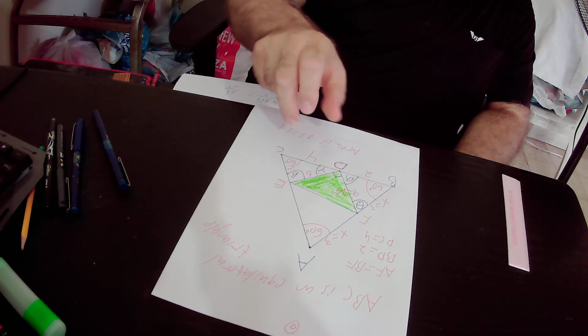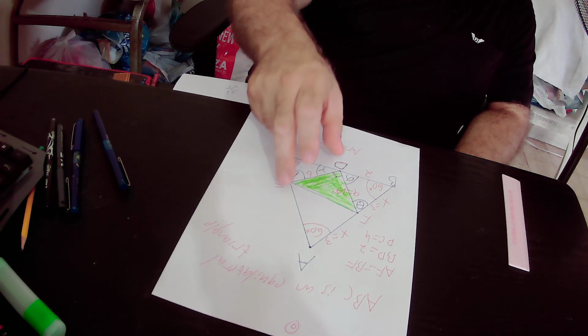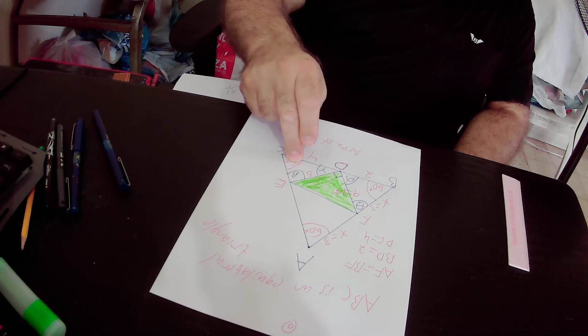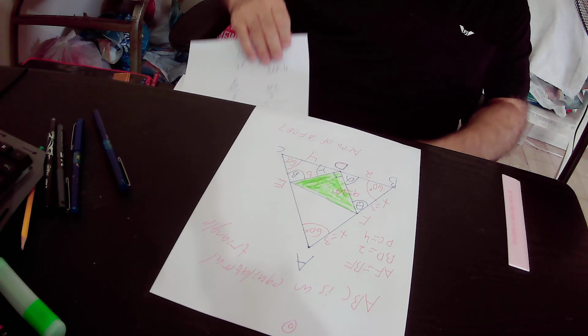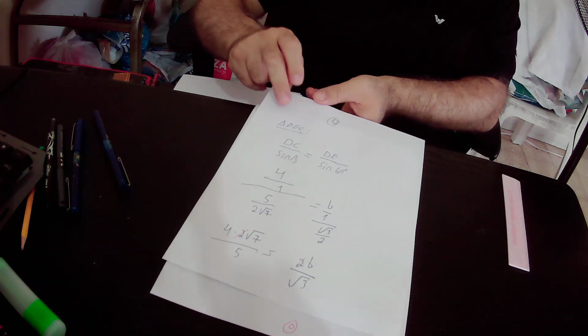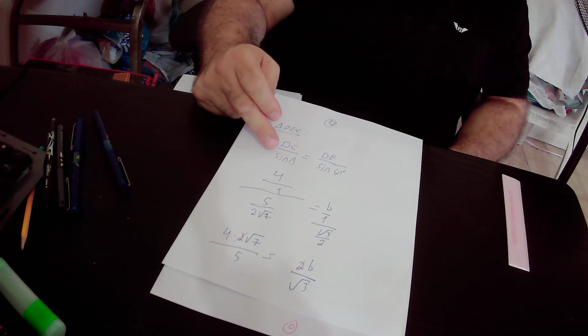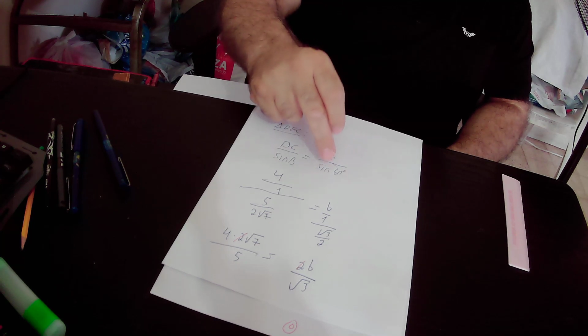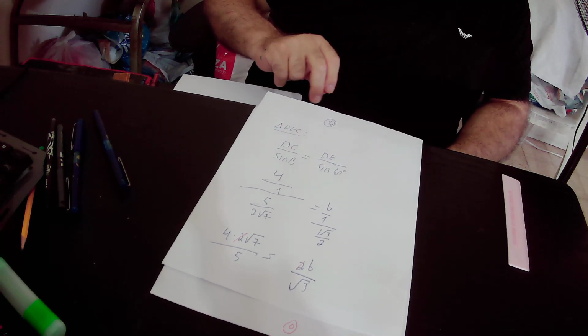Again, according to the law of sines in the small triangle DEC, DC over sine beta equals DE over sine 60 degrees.